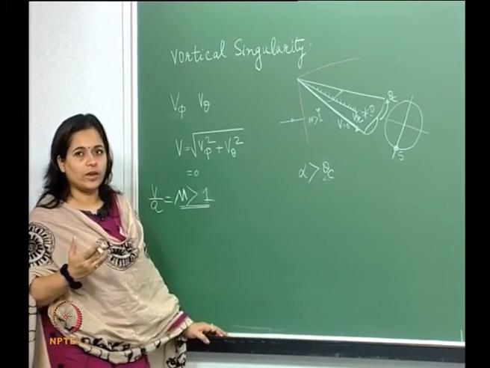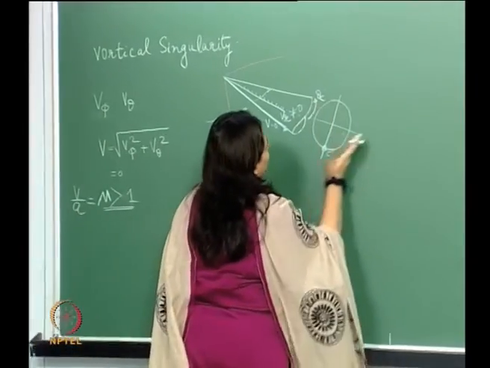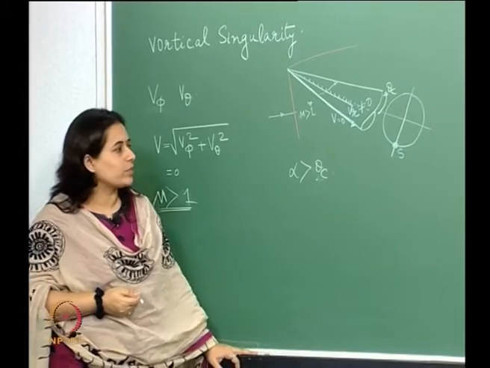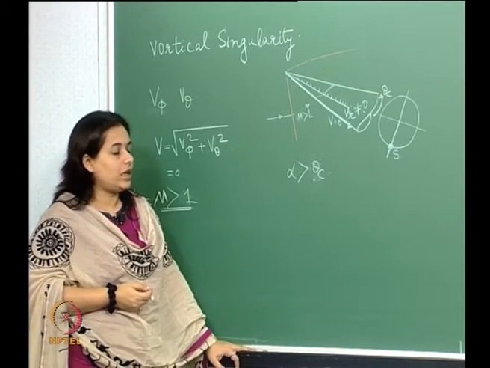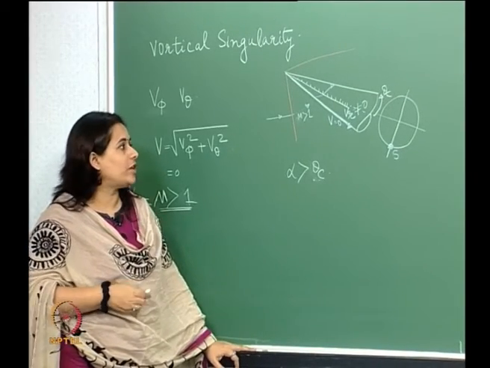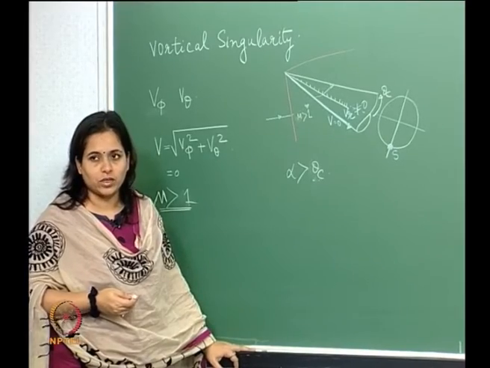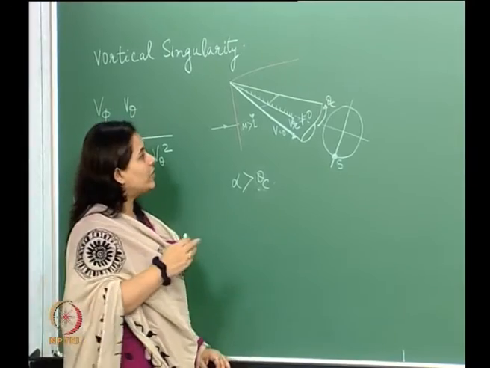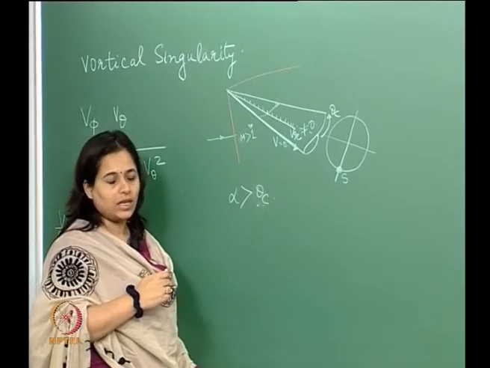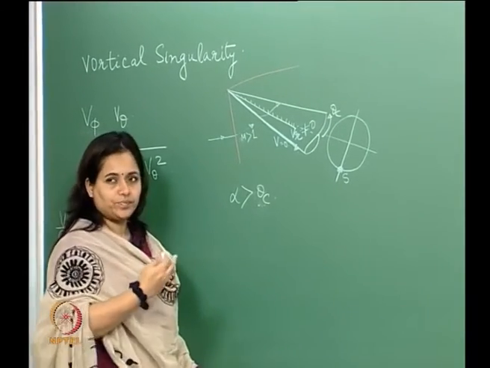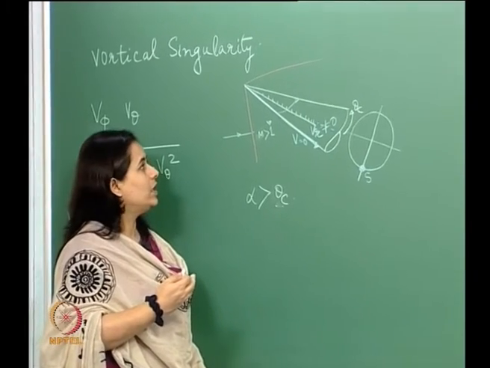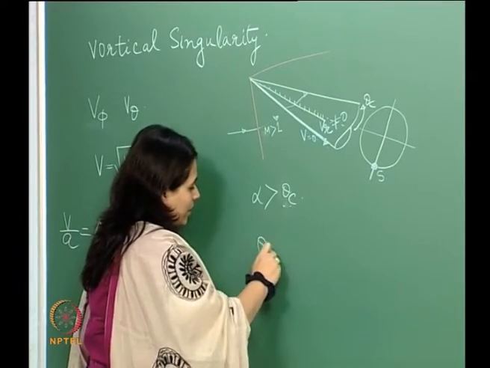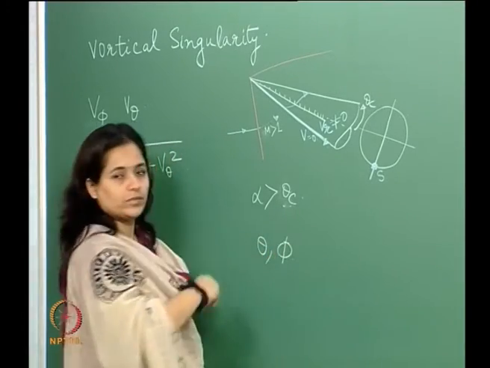You could have this projection as an ellipse for that matter. In that particular case, even for an axisymmetric case, when we have an elliptical projection of the cone, there will be two independent variables: theta and phi.